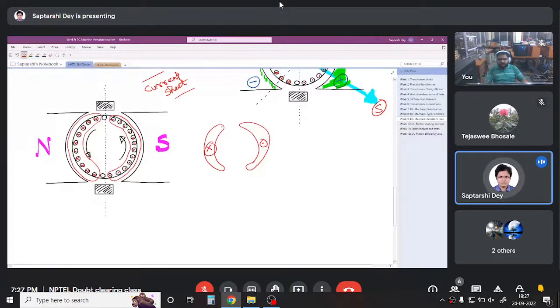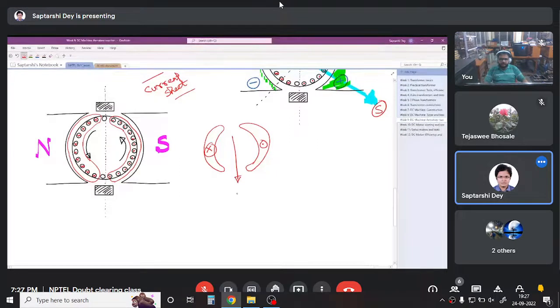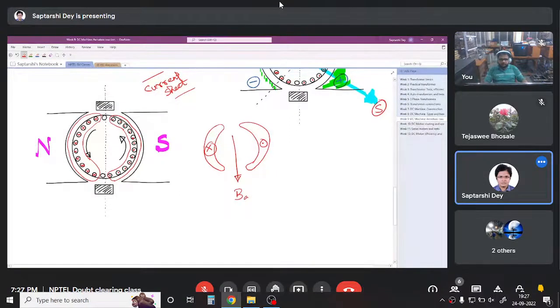So basically, this armature as a whole is creating a magnetic field which is downwards, BA.